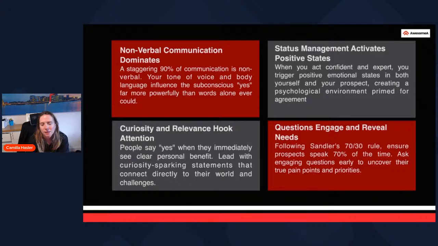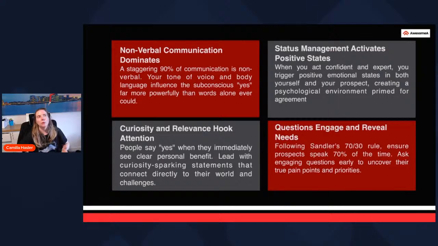In Sandler's 70-30 rule, you want to ensure that prospects speak 70% of the time. And you want to ask them engaging questions quite early so that you can uncover their true pain points and priorities. So you want to lead with good engaging questions.